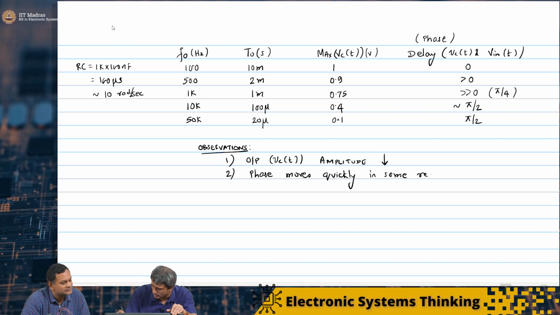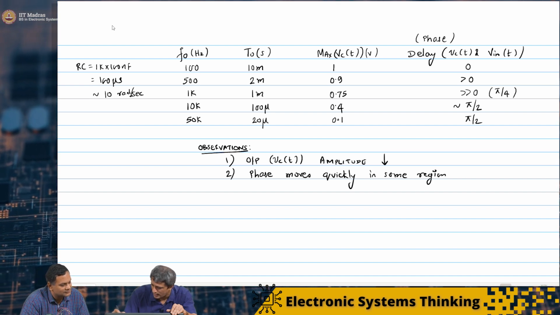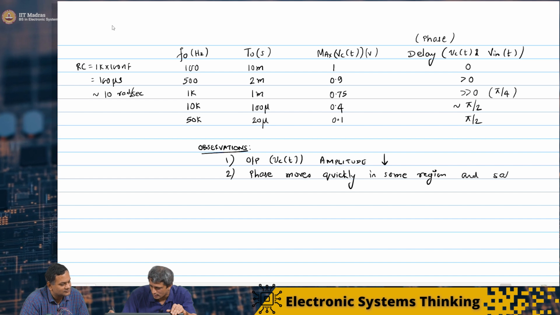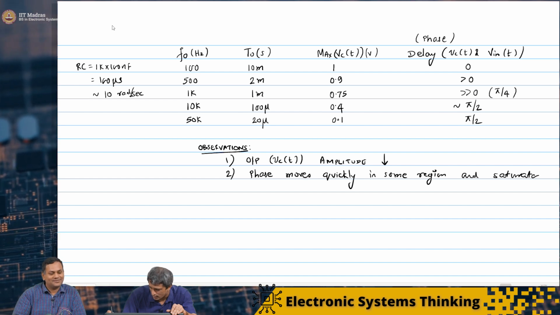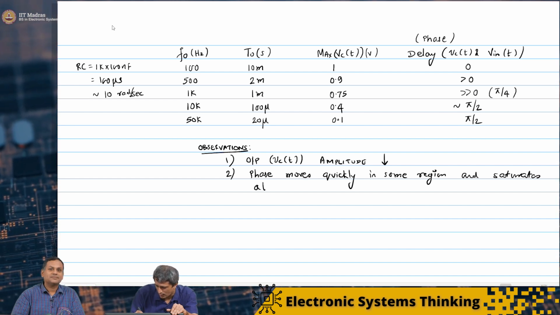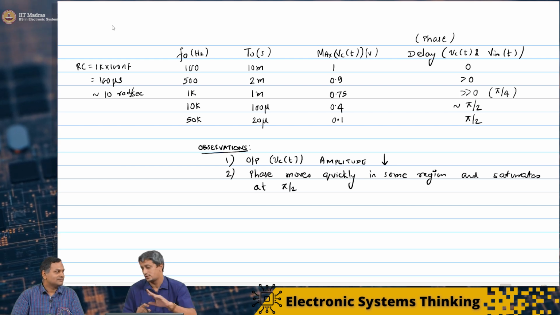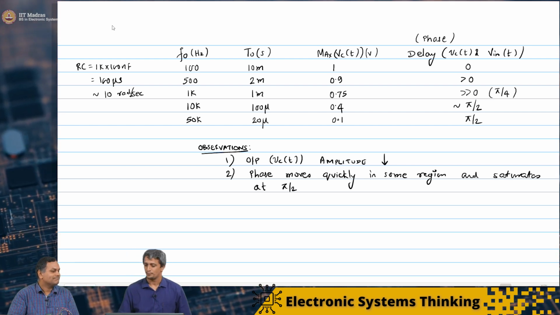We'll see what region this is. And it saturates at pi by 2. It doesn't seem to be going any further. So now the idea is we have to explain all of this with theory.